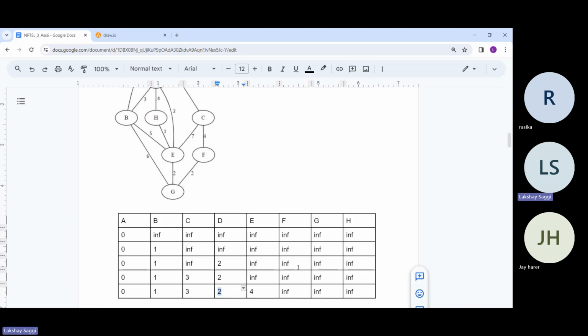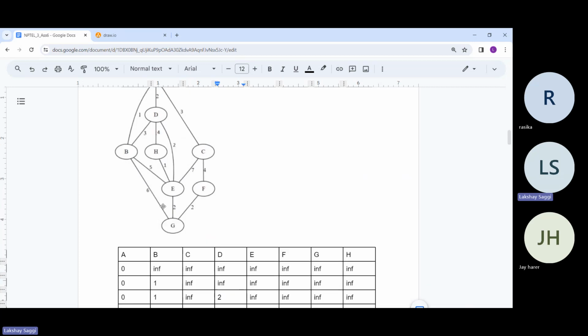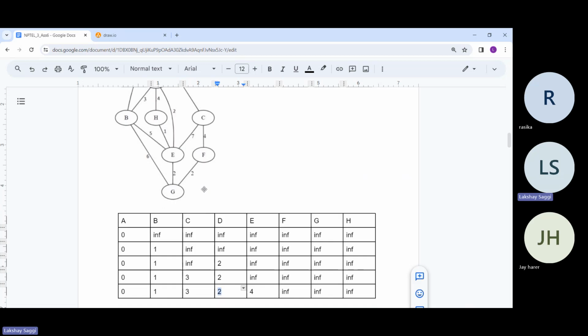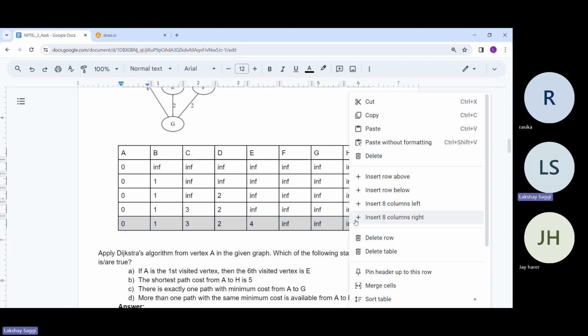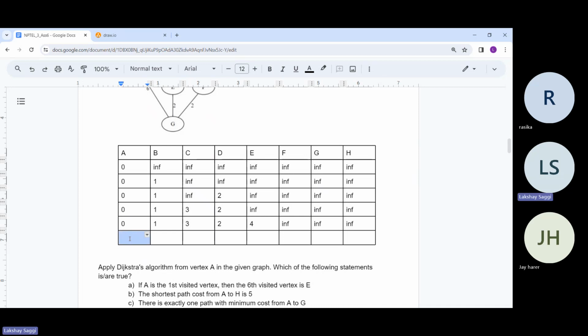So while using the same arguments which I did till now, you'll realize that F and G will be further away than H. So H will be the minimum distance vertex here, and it will have a distance of 5 from the source. So in this iteration, I've not done everything because we are doing similar things, and I've just said that in this iteration, you'll realize that H will have a distance of 5.